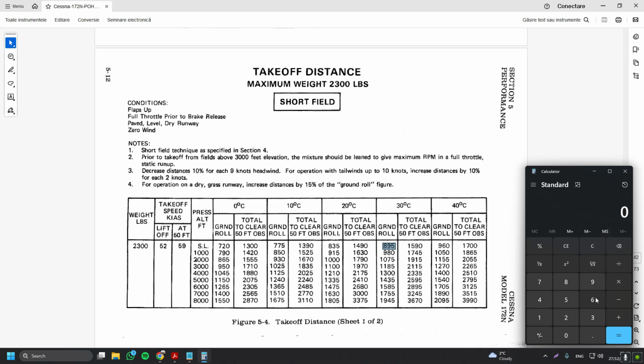So 692 plus 104 will give us a ground roll of 796 feet. So this one is corrected for the wind and also because of the grass runway. This is actually the true one, and you should really pay attention to these conditions because, as you can see, this can vary a lot, and this can save your life.